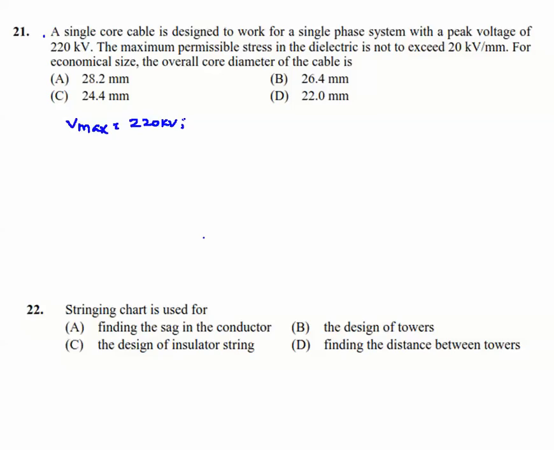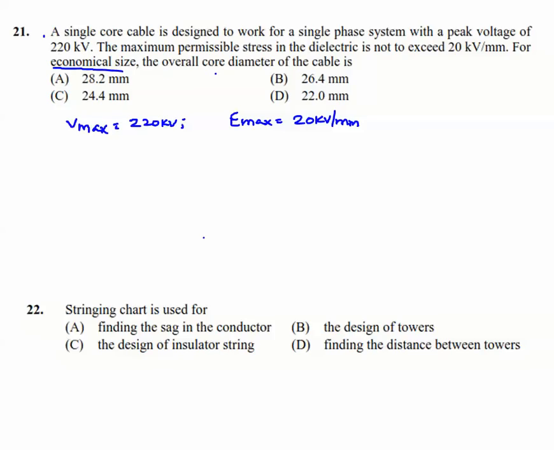The maximum permissible stress in the dielectric should not exceed 20 kV per millimeter. Okay, so E max should be equal to 20 kilovolts per millimeter. It should not be more than 20 kilovolts per millimeter. For economical size, so this is a given hint here, that is economical size, find the overall diameter of the core.